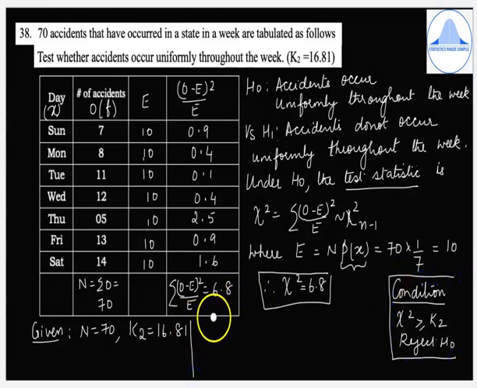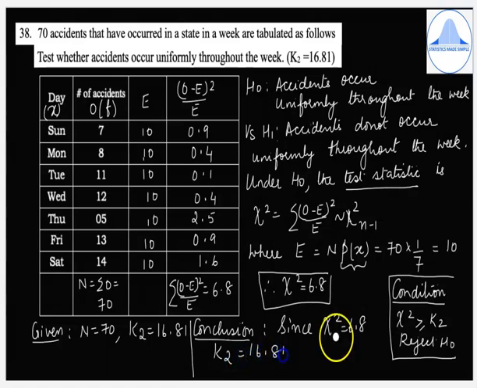So now let us write the conclusion. Since chi-square is equal to 6.8 and the table value is equal to 16.81, you have to check whether 6.8 is greater than 16.81.